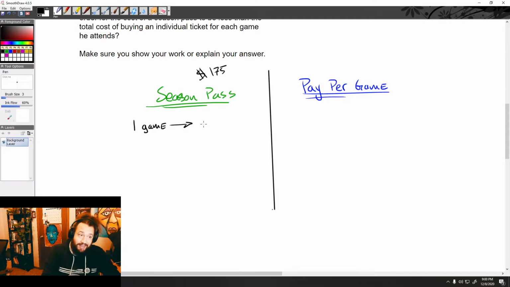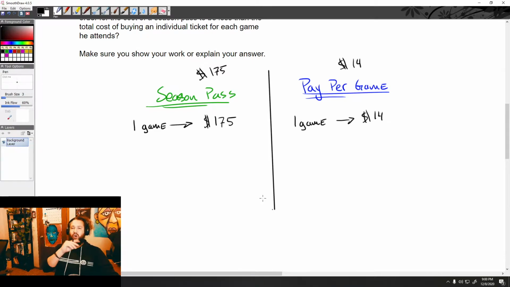So one game costs me $175. That's insane. Over here at pay per game, if I go to one game, it's only $14 a game. So that's not going to be bad at all. I get to go for just $14.